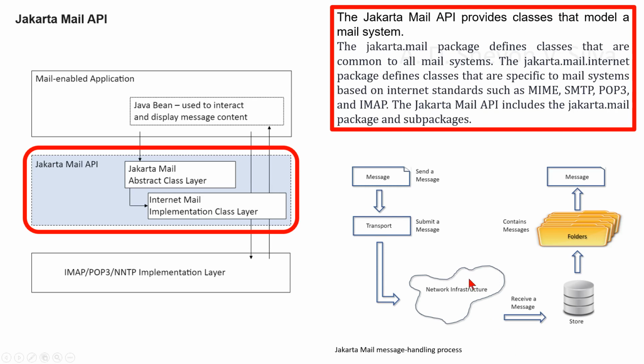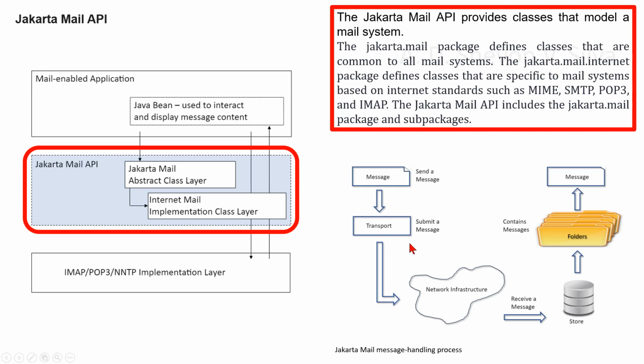Message composition and transport. A client creates a new message by instantiating an appropriate message subclass. It sets attributes like the recipient address and the subject and inserts content into the message object. Finally, it sends the message by invoking the Transport.send method.